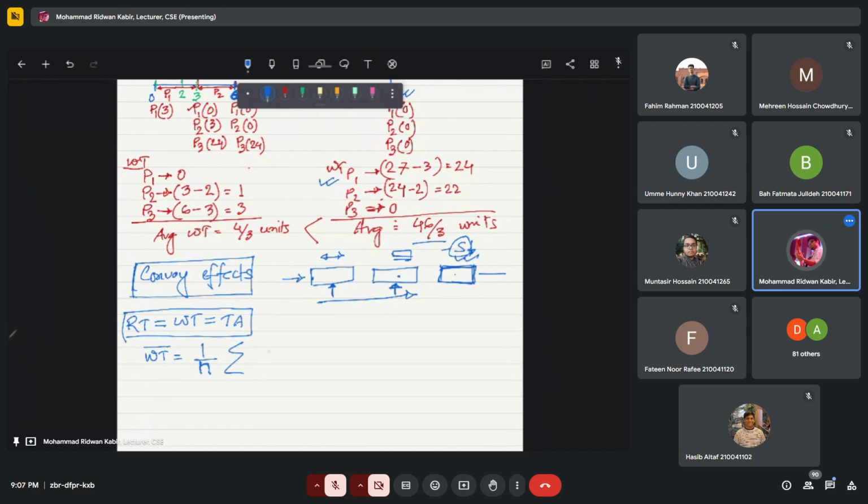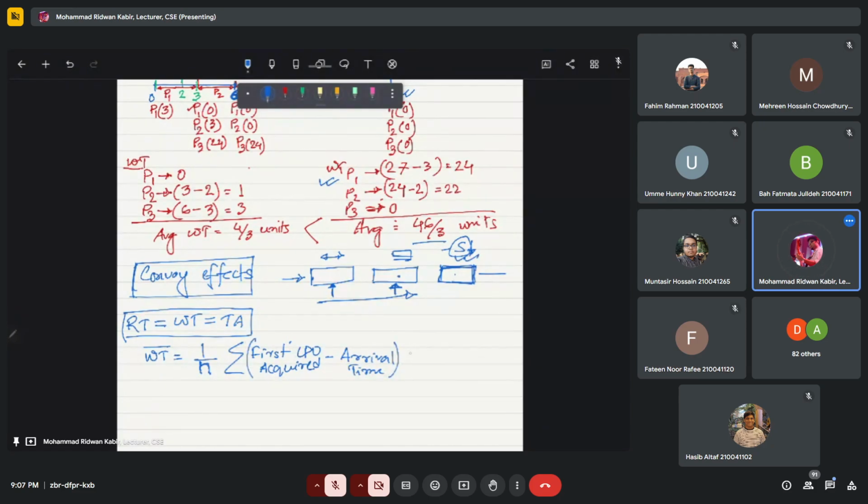Then you'll have to sum the time the CPU was first acquired minus the arrival time. This is what we did, right?